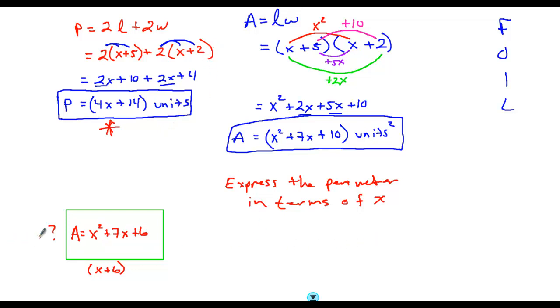But we don't know what the width is. The way we're going to find it out is we're going to take this quadratic, this area equals x squared plus 7x plus 6, and break it apart into its factors, like this.